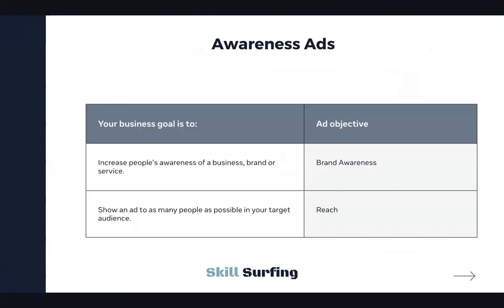Now, awareness ads. You have two types of awareness ad objectives: either increasing brand awareness or focusing on reach. When we talk about brand awareness, let's say Coca-Cola. Even Coca-Cola, which has a very high level of brand awareness, keeps on doing brand awareness campaigns because they have competitors, and there are always new people who have not tried Coca-Cola before.